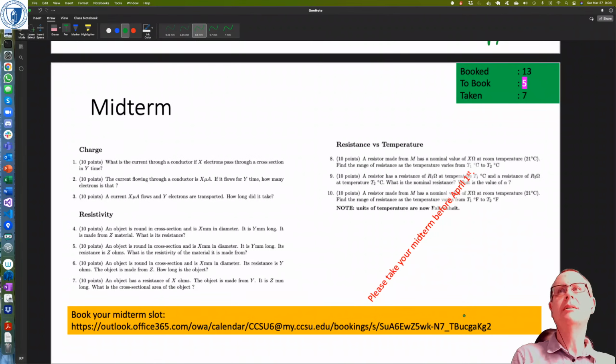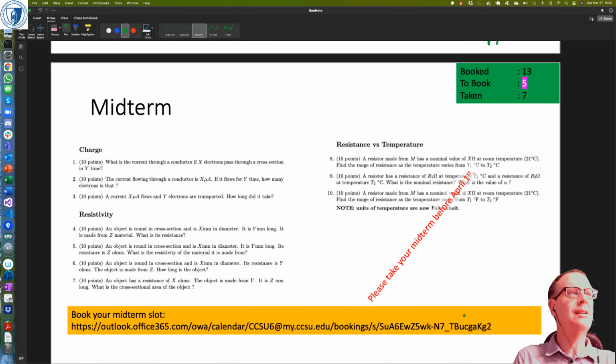That's where we are with the midterm. So far I've been pretty happy with the way everybody's been going. I think 7 people have taken the midterm so far. If you haven't booked yet, please book a slot and try and get it done before the Easter break.